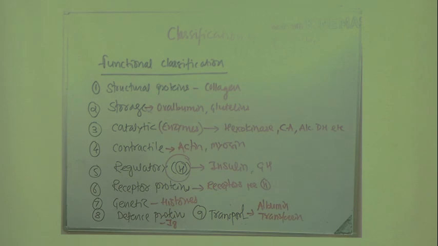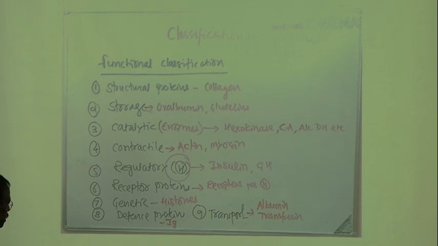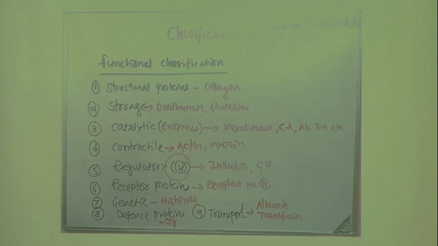Histones, they are present in DNA. Then defense protein, and transport protein. For remembering, you can just remember like that: SS, CC, RR, then GDT.